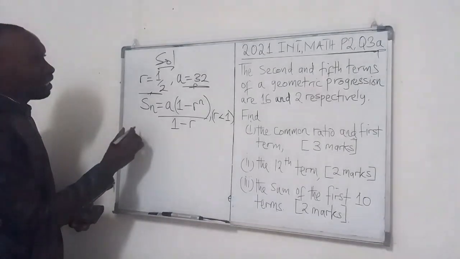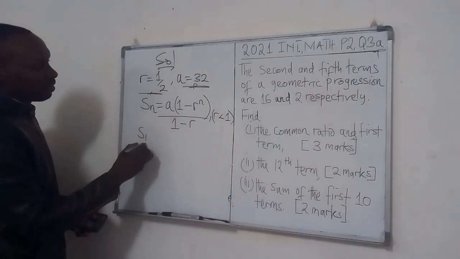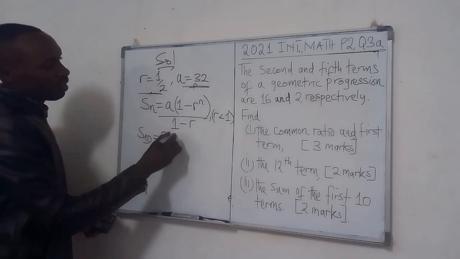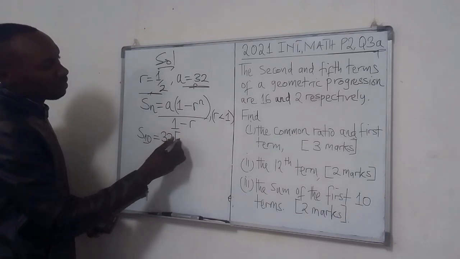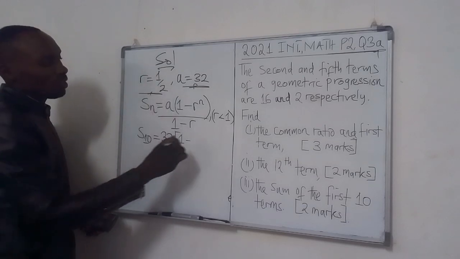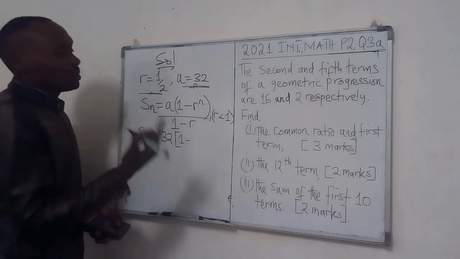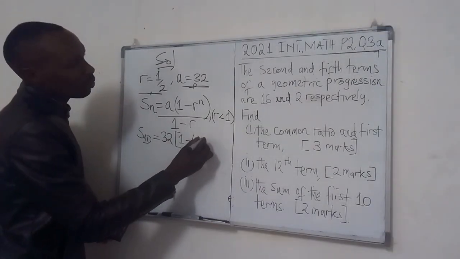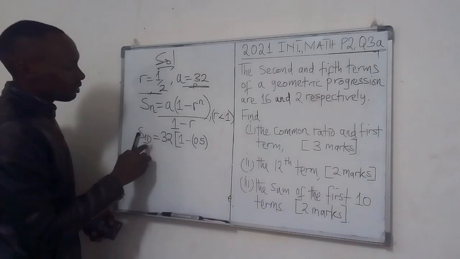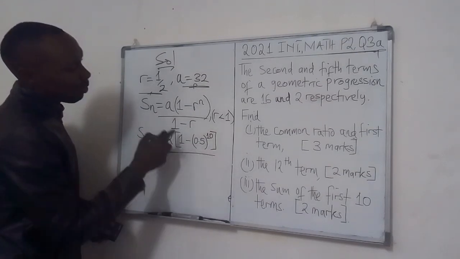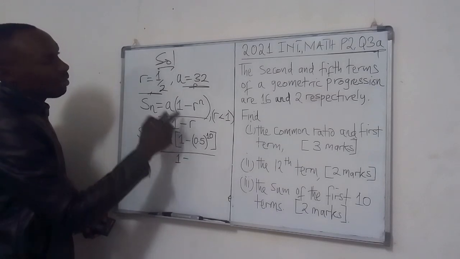So S10 is going to equal A, which is 32, then open square brackets, 1 minus R to the power n. R, which is 1 over 2, is the same as 0.5. So 0.5 to the power n, which is 10, then over 1 minus R, which is also 0.5.